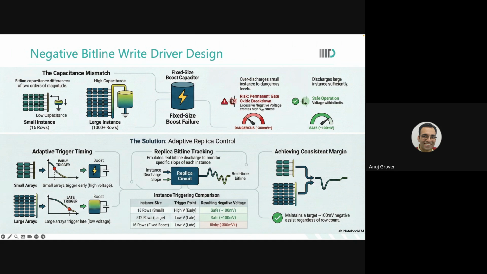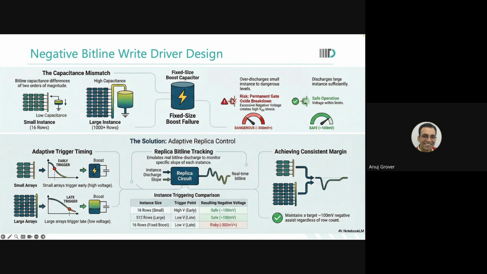What do we do? We say that for the smaller capacitance case, I will trigger it at a higher voltage. So what is the charge on my initial capacitance then? Something like 0.24. What is the charge on this? In this case, I have triggered it a little early, so my output will be only at 0 volts.